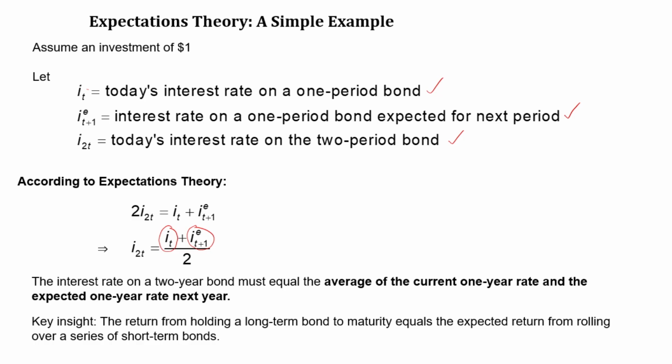So here the interest rate on a 2-year bond must equal the average of the current 1-year rate and the expected 1-year rate next year. The key insight here is that the return from holding a long-term bond to maturity equals the expected return from rolling over a series of short-term bonds.